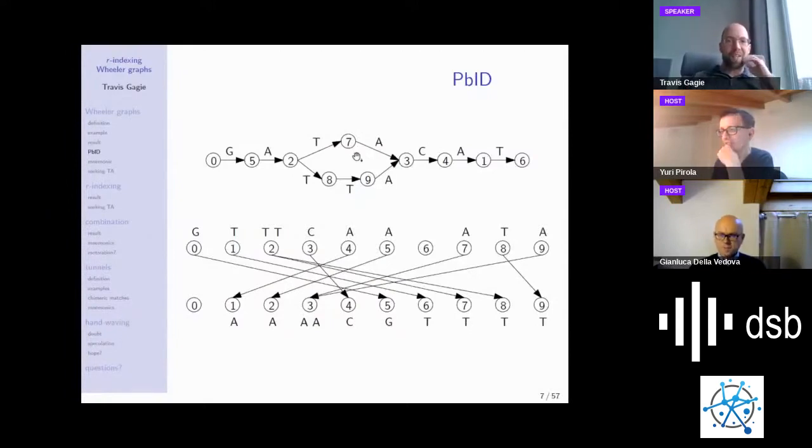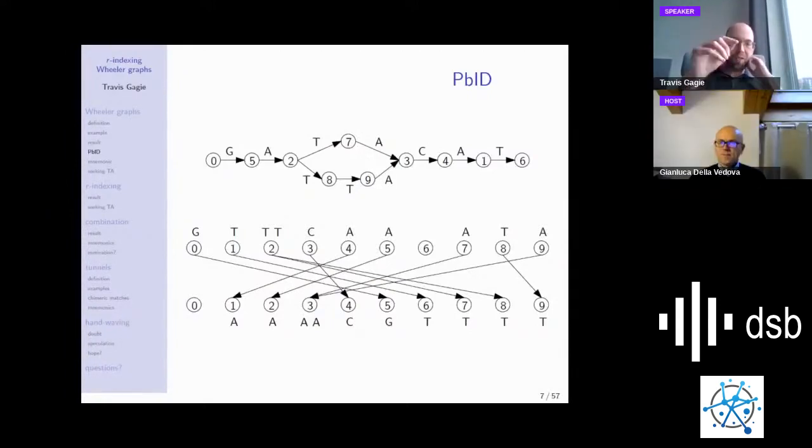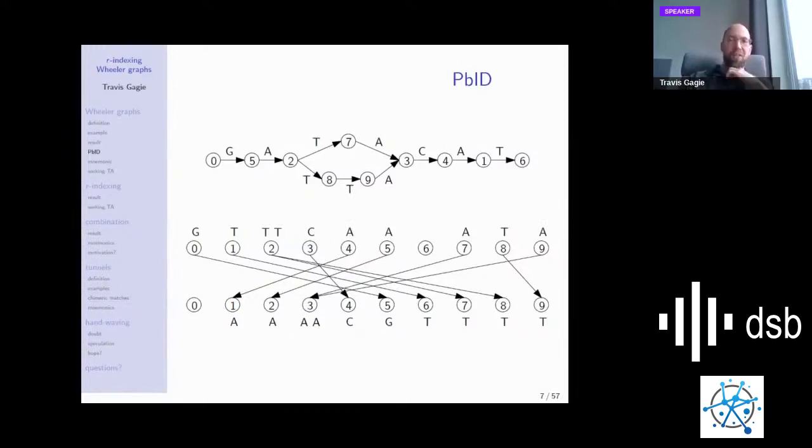Okay, so you take this order on the vertices such that the first vertex, with in-degree 0, is first in the order. It's 0, and then for everything else, the vertices with incoming edges labeled A are earlier in the order.